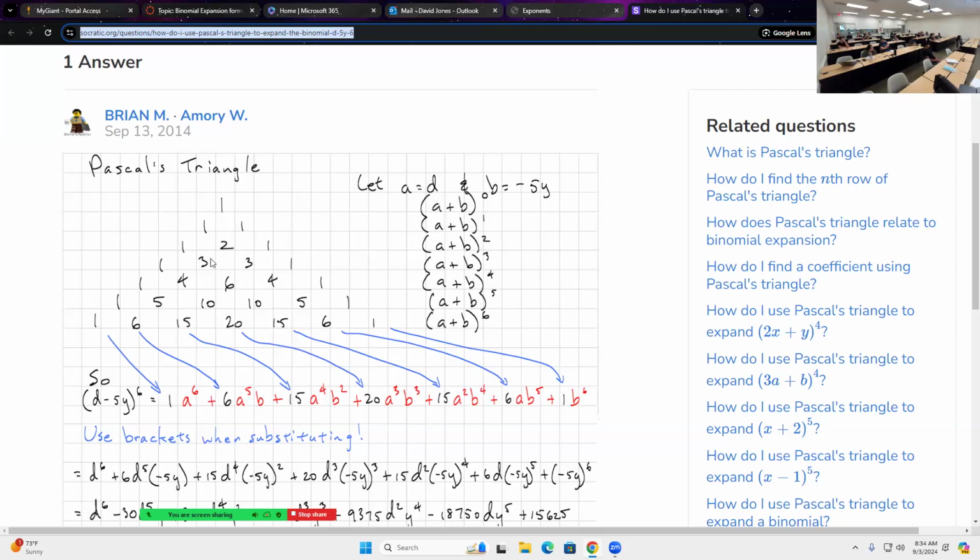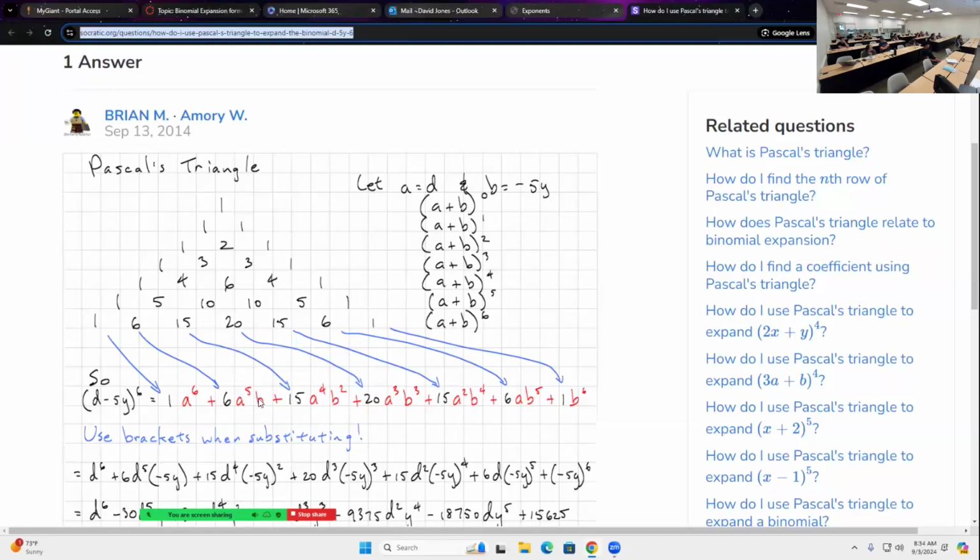This first diagonal right here shows what nth power it is. So if we had a plus b to the nth power, where n equals 6, we're on the line that has a 6 right here. And so the first one you do a to the 6th power, then you lower a by a power, raise b by a power, and these coefficients just start falling into place in front of them.